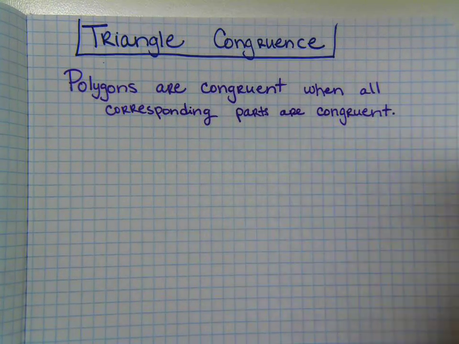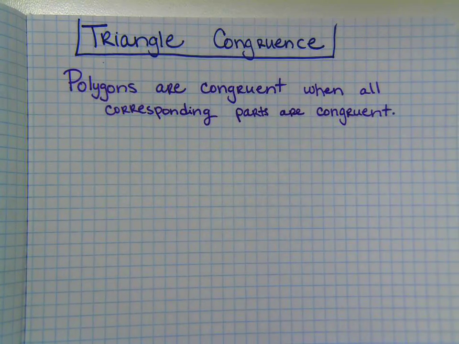And that may seem pretty obvious, but the word corresponding is very important. If the side length of one triangle and the side length of another triangle are congruent, that doesn't necessarily mean the triangles are. They have to be in the same place in the triangle, which means corresponding. So there are some shortcuts.